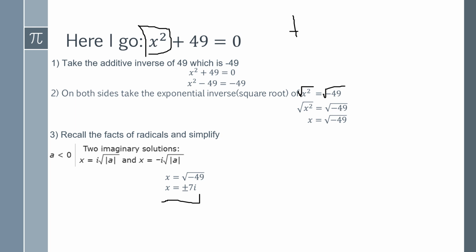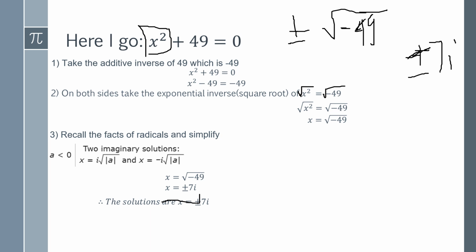So it's plus or minus, and because it was a negative number in the square root, like negative 49, you end up with plus or minus 7i. All right? That's our answer. Our solutions are our zeros, our roots.